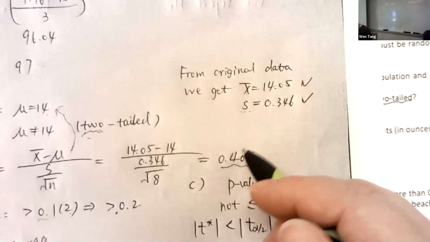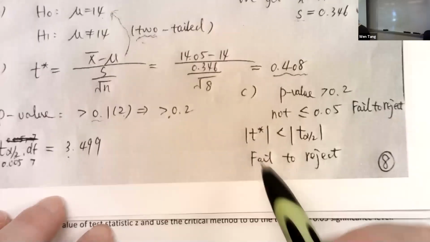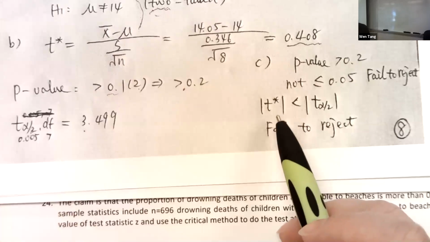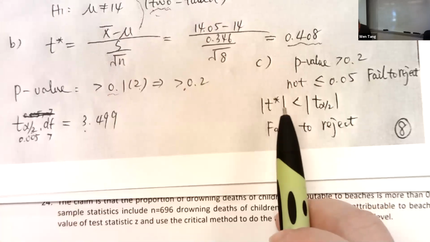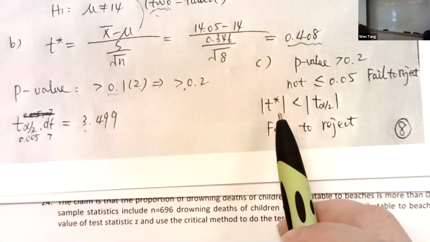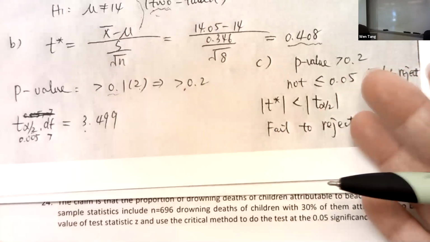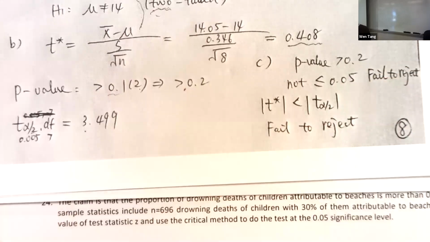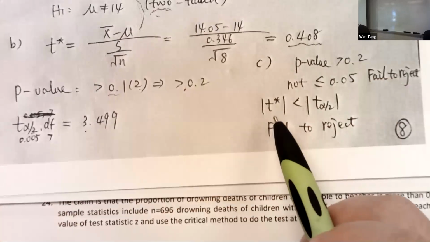If we have the test statistic t and the critical value t, we could use these two values to get the conclusion by using this rule. If the test statistic t is greater than the critical value, we reject, but this is not the case, right?